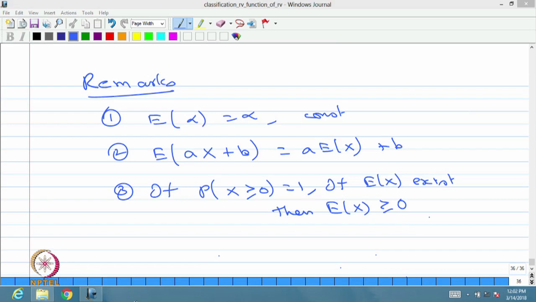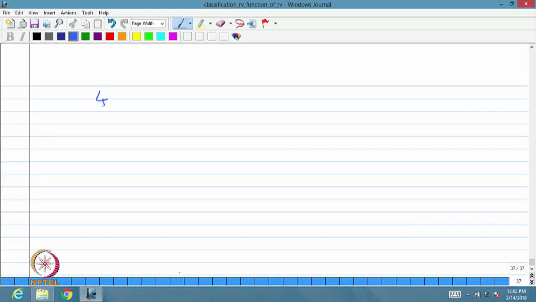Okay. The fourth remark. Remark number 4: let x be a random variable and y equal to g of x is a random variable.